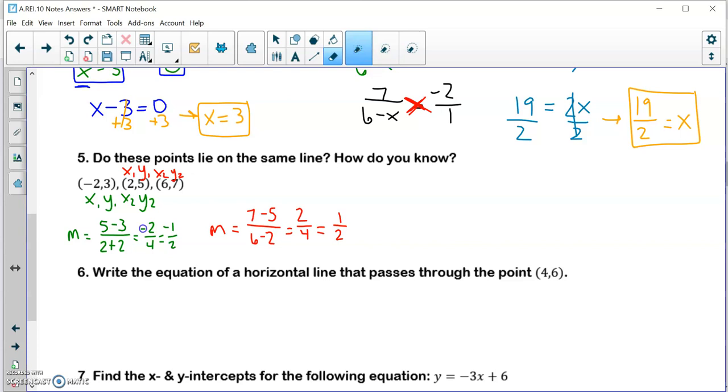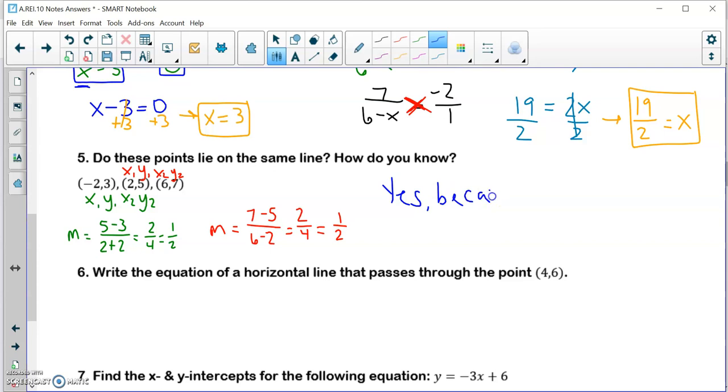Whoa, whoa, whoa, 5 minus a 3 is a positive 2. Ooh, we do have the same slopes. So since the slope between my first 2 points equals the slope between my second 2 points, these are on the same line because the slopes between all 3 points are the same.